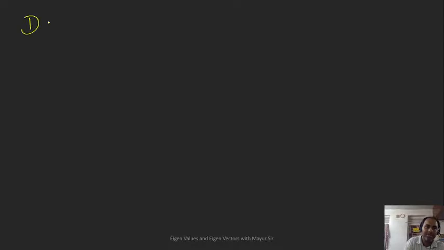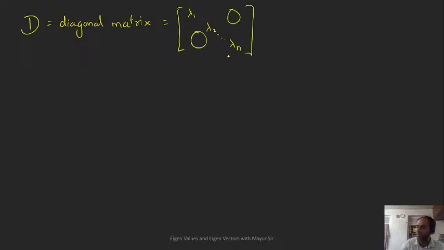But now what is D to the power k? If D is a diagonal matrix, in our case it is lambda 1, lambda 2, up to lambda n, with zeros elsewhere, then D raised to k is nothing but lambda 1 raised to k, lambda 2 raised to k, up to lambda n raised to k.